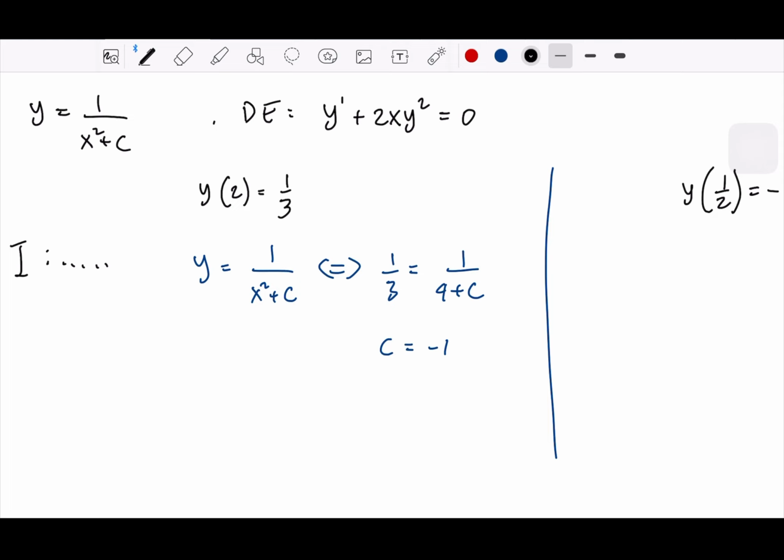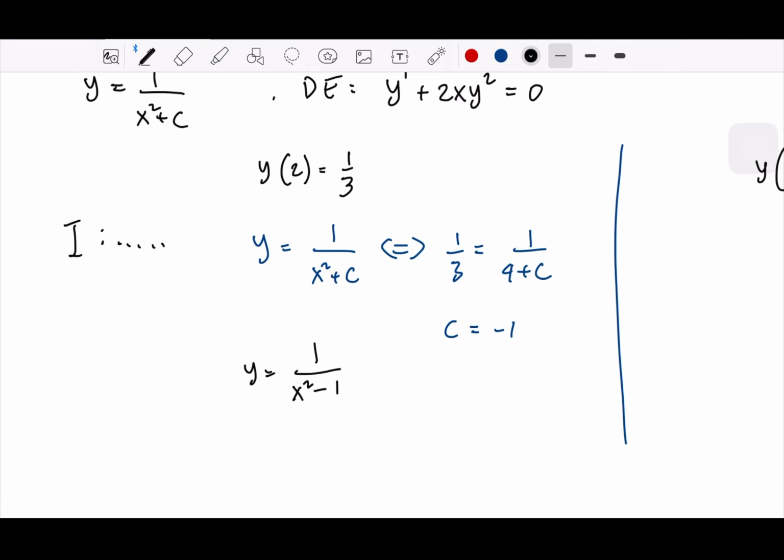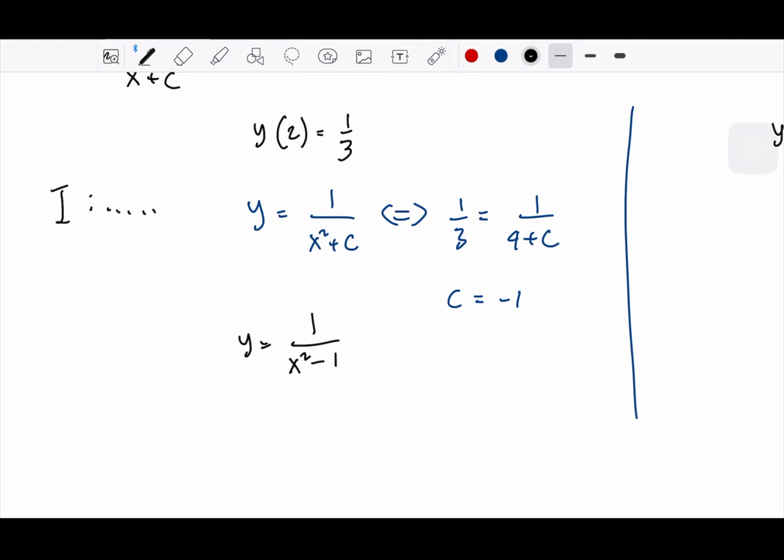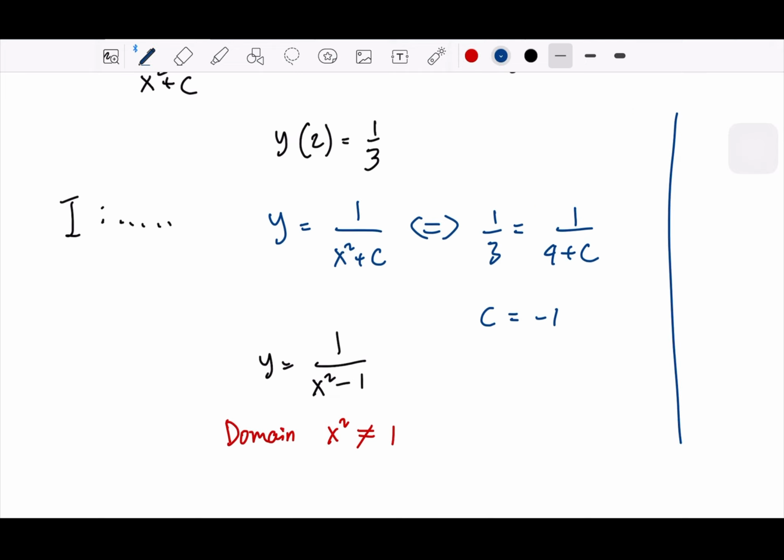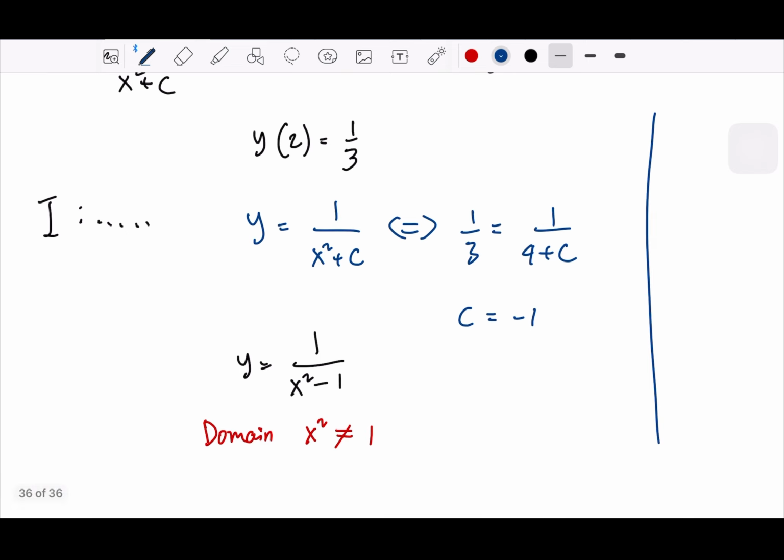So maybe you can try to draw the equation first to see what it looks like. Remember, the domain is important here: x squared is not equal to 1, right? The point your solution should pass through is 2, 1 over 3, which according to your domain is on the right side.